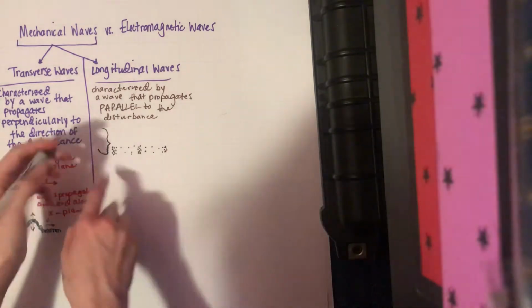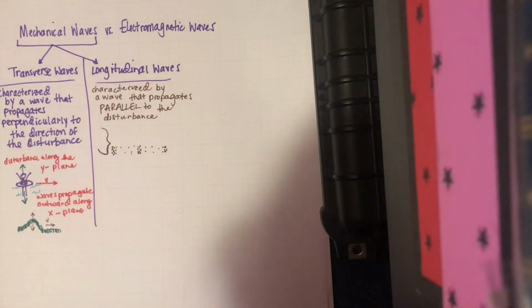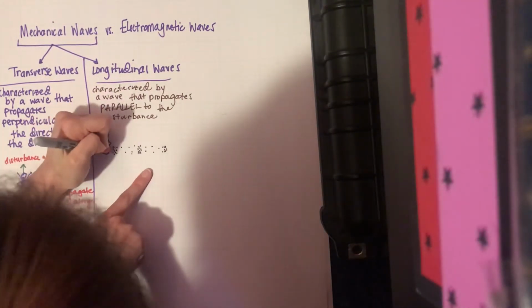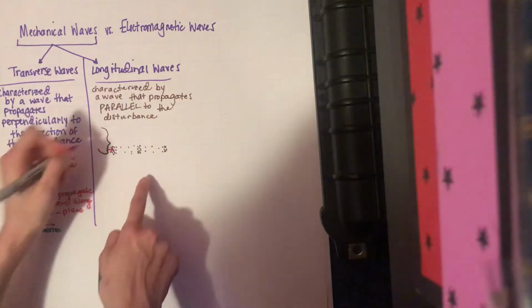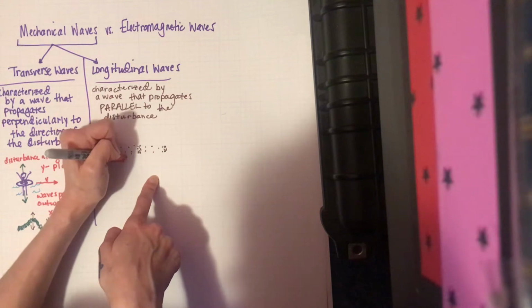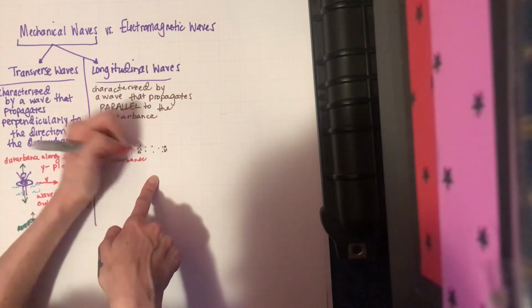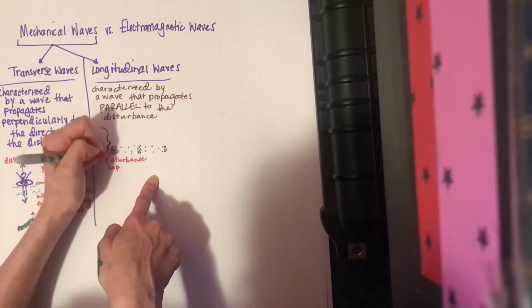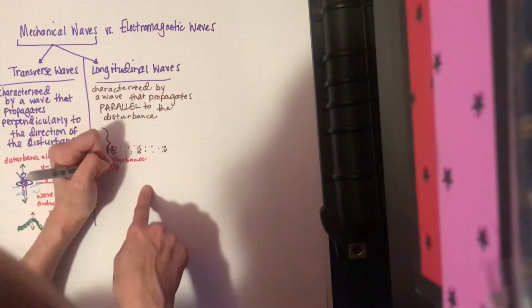So the disturbance is happening along the x-plane. You're pushing air out. So disturbance happens on the x-plane, and the wave propagates on the x-plane.